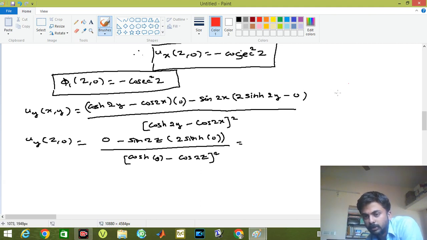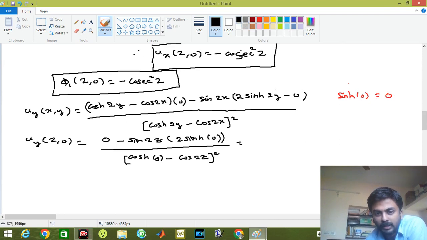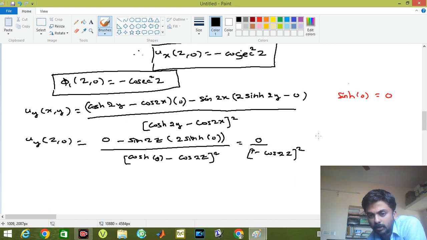So we get only 0 as our term. So uy of z comma 0 equal to 0 divided by 1 minus cos 2z the whole square, that is equal to 0.